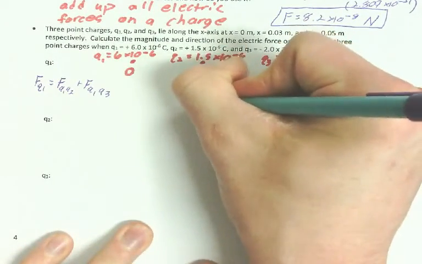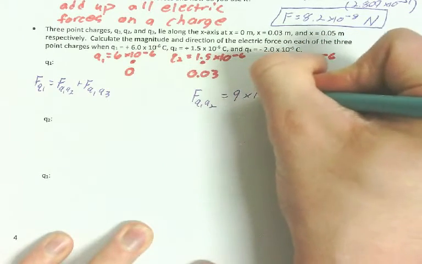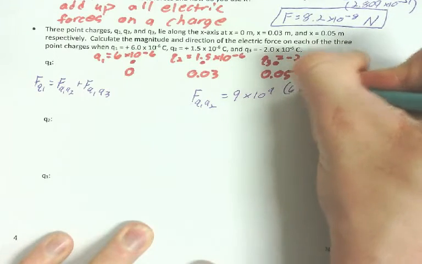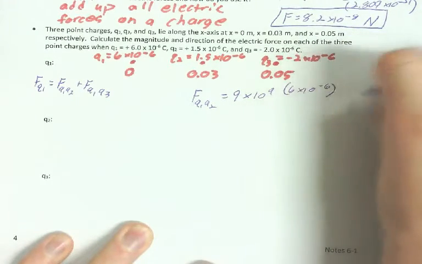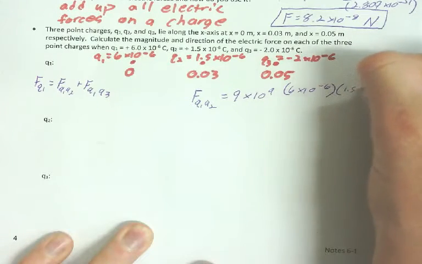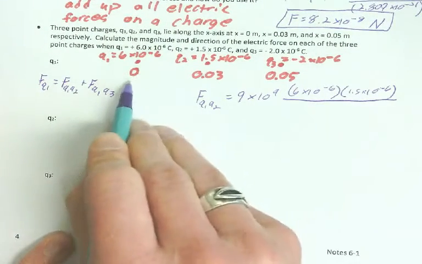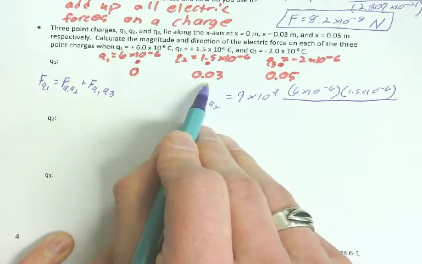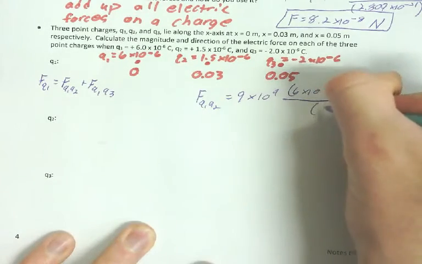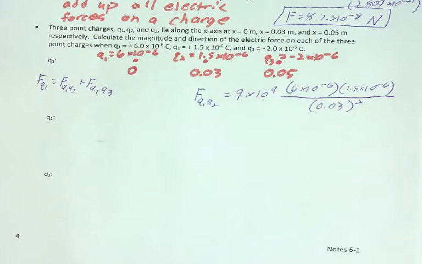F Q1 Q2 equals K Q1, which is actually 6 times 10 to the negative 6, Q2, which is 1.5 times 10 to the negative 6, divided by the distance between them. It is 0.03 to go between Q1 and Q2. So 0.03 squared.